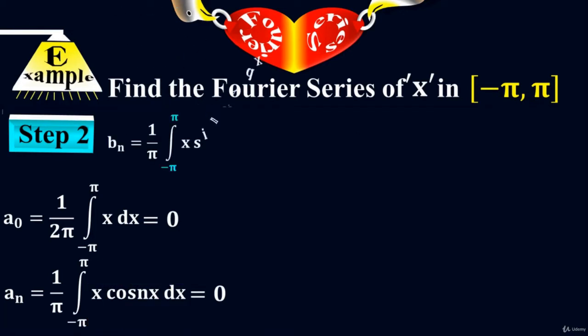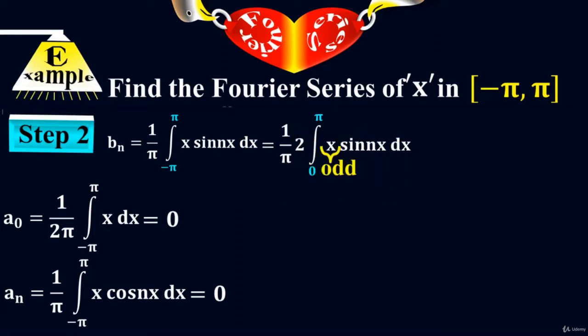Now I'm going to take b sub n, which equals 1 over pi times the integral of x times sin nx dx, which equals 2 over pi times the integral of x times sin nx dx, with a range from 0 to pi. I just changed the limits to 0 to plus pi and multiplied by 2. The given function f of x equals x, which is odd.